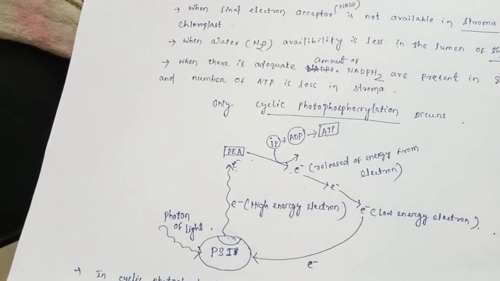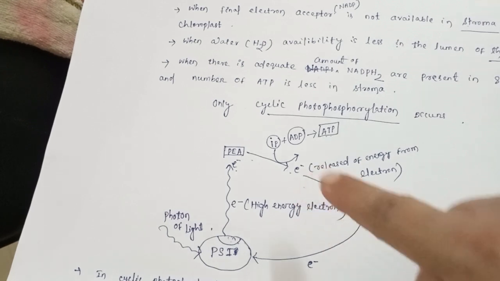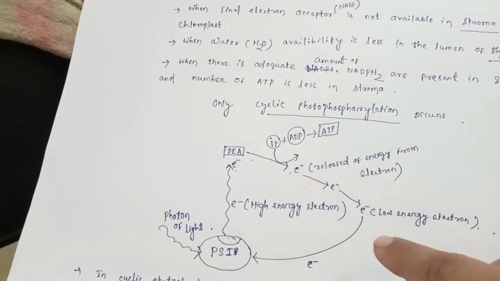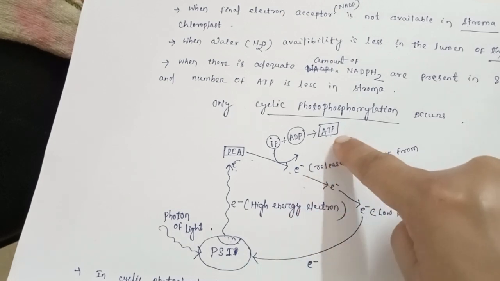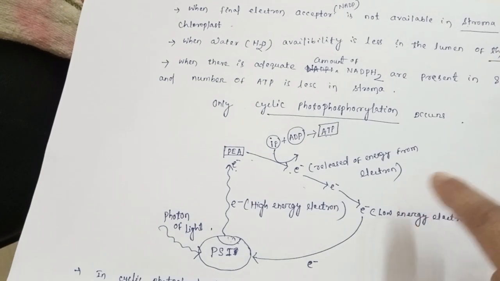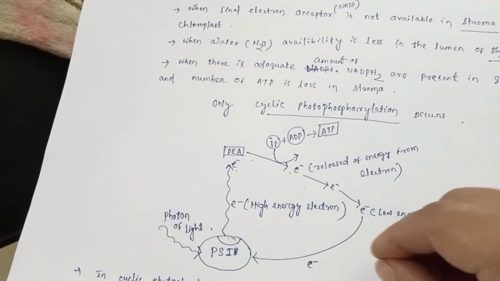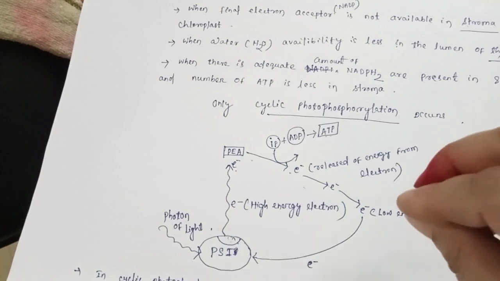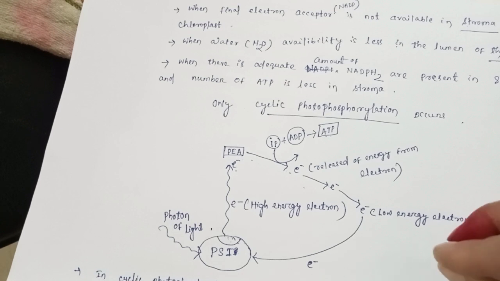It's very simple. Whenever cyclic photophosphorylation takes place in the thylakoid membrane, only ATP is produced, and no NADPH2 or oxygen is liberated. So these are two different mechanisms which occur during the process of light reaction.